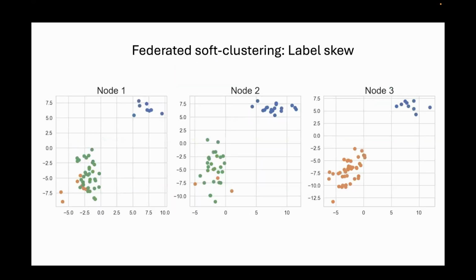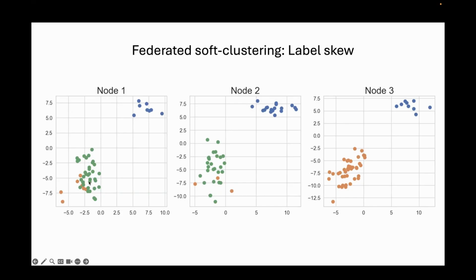Now we're moving to a different setup, so-called label skew, where we split the data a little bit differently. In this case, the data on each node can be different. As we can see here, we want to learn three components, but each node has access only predominantly to some of the components.